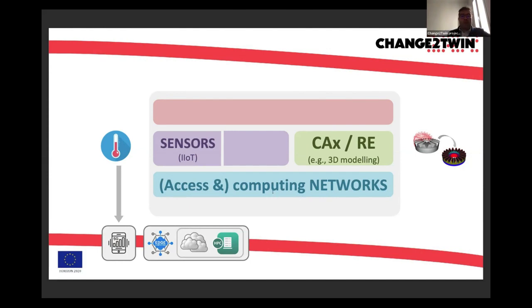We also need to compute all this information in processing networks. Right now, a lot of processing is done in the cloud, needing or not high processing capabilities support. And also, little by little, the concept of edge computing is being used.